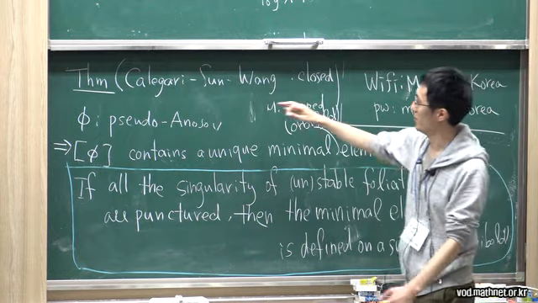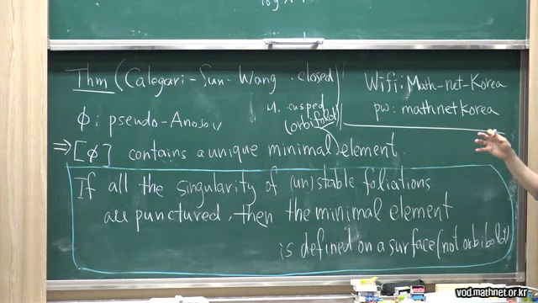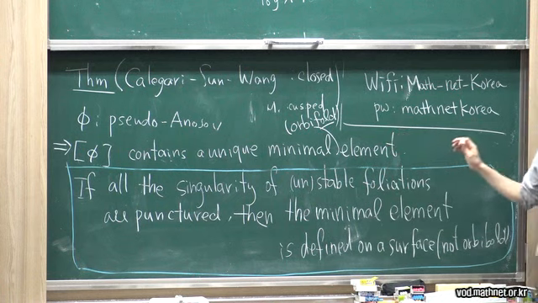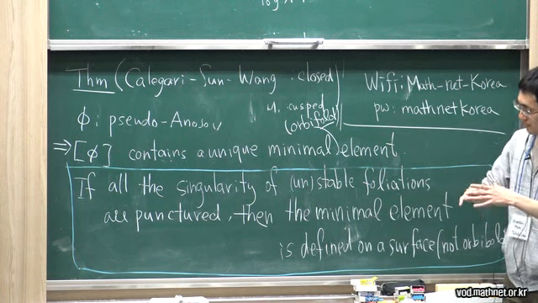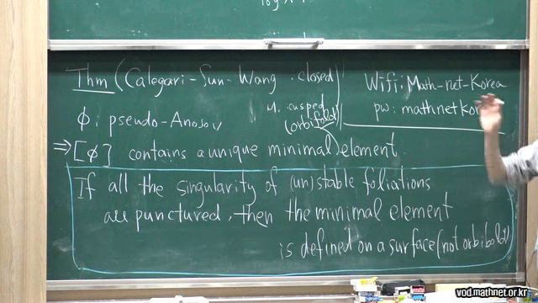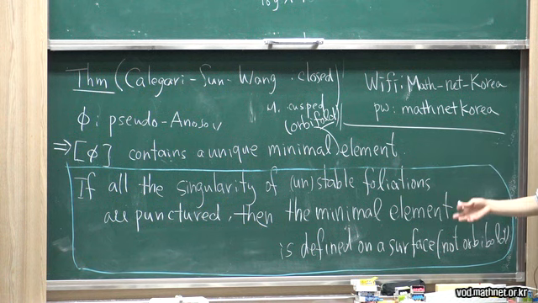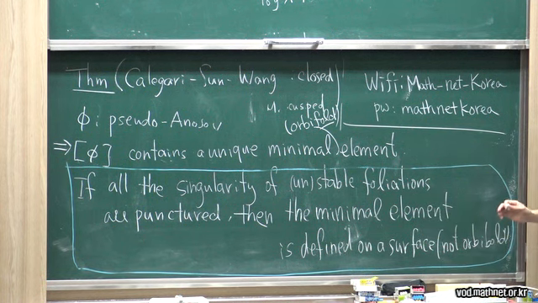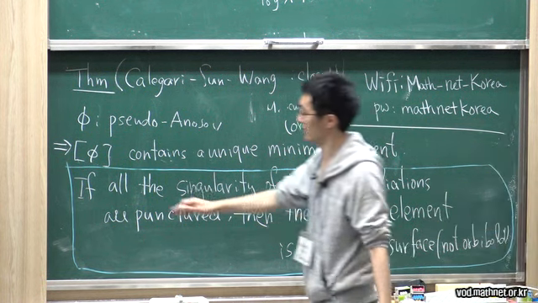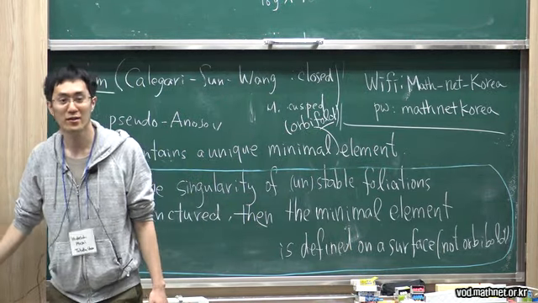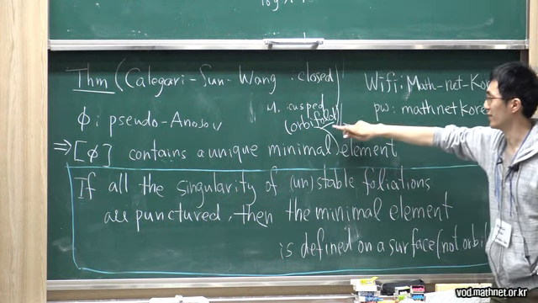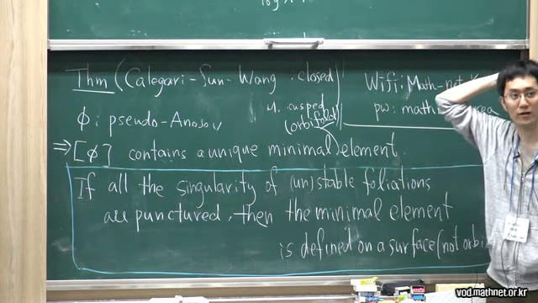To think about the minimal element, we try to find the space and a group acting on the space, and we divide the space by it. So we try to find the maximal group acting on the surface, and the quotient will be sometimes an orbifold and sometimes a surface. So the quotient can be an orbifold? Yeah, sorry. And an orbifold here is just a finite quotient of the surface.